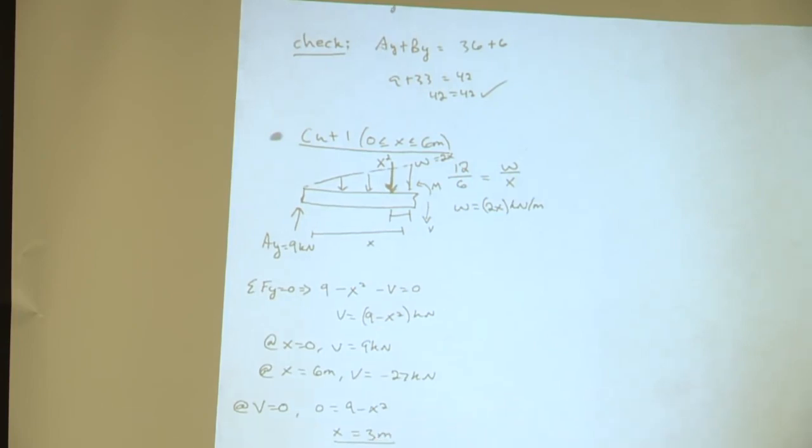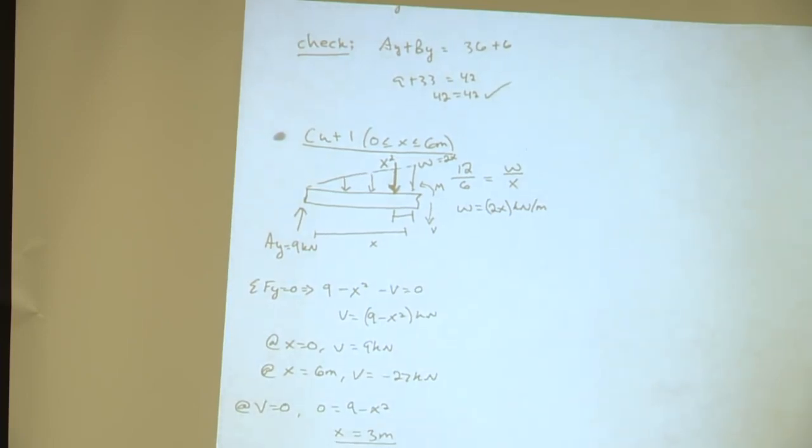So then what do we get for our moment equation? We have 9x minus 1/3 x cubed, and this is in terms of kilonewton meters.